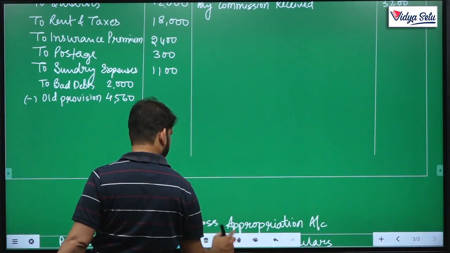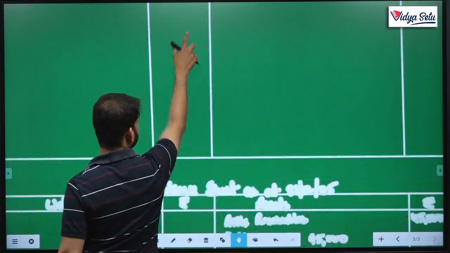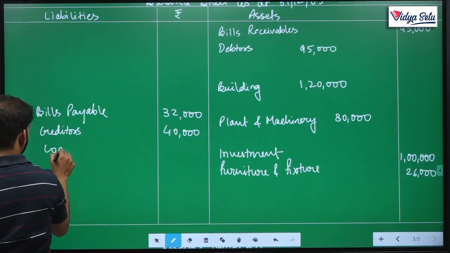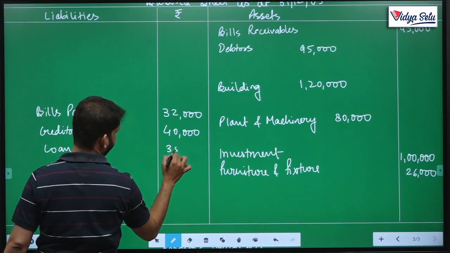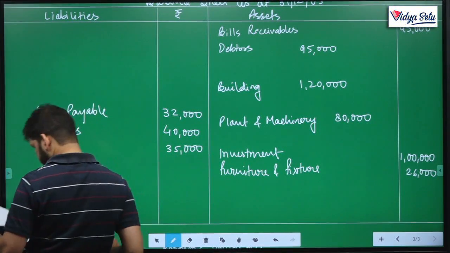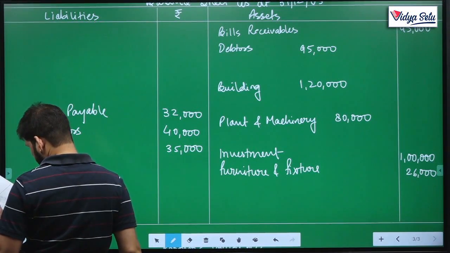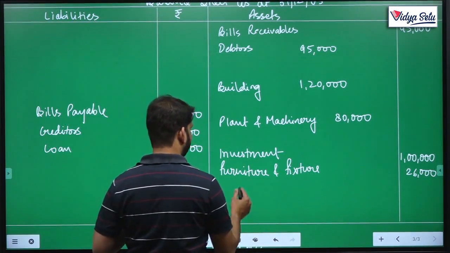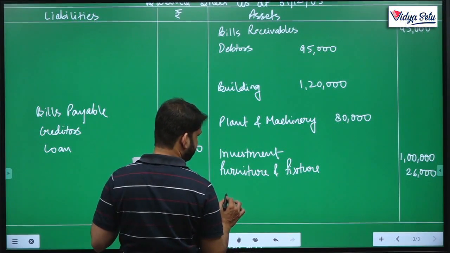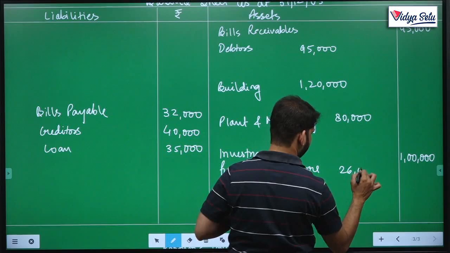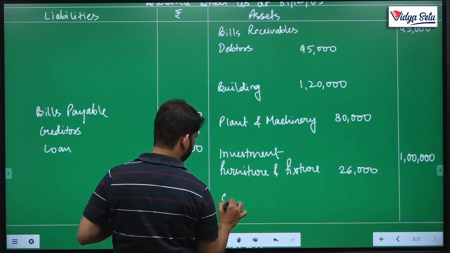We need to see whether the entire amount will go there or not. Loan 35,000. Legal expense 200, audit fees 1800, cash in hand 13,500. I'll first write down cash in hand.